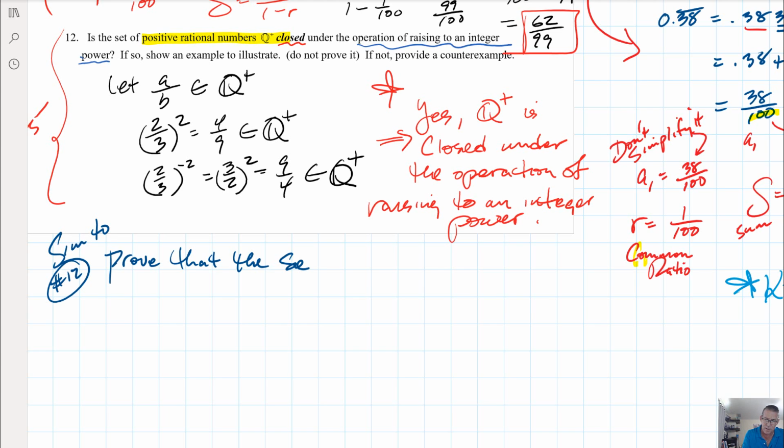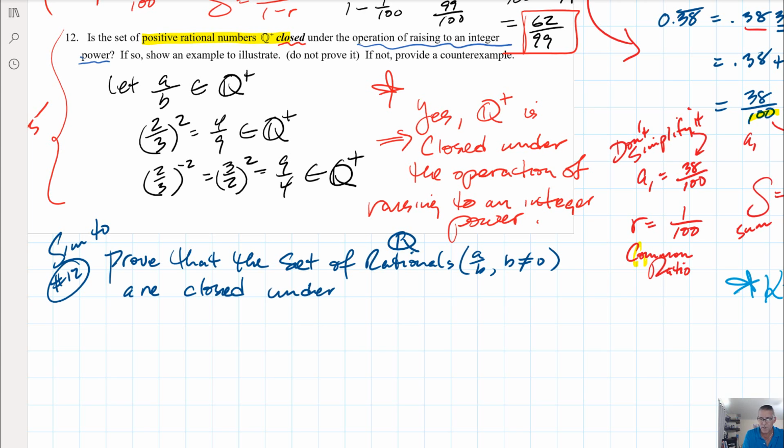The set of rationals, not integers, but rationals. I'm talking a over b now, where b is not equal to 0. That's the set of rationals, or Q. The set of rationals is closed under, let me see, one test was squaring, so I'll do that one first, under squaring.